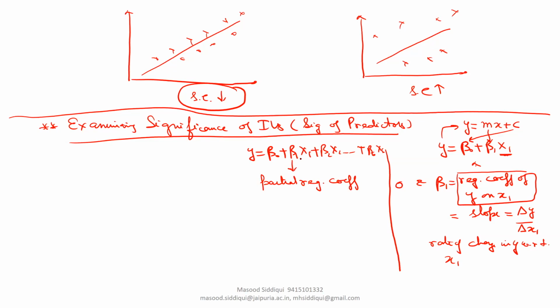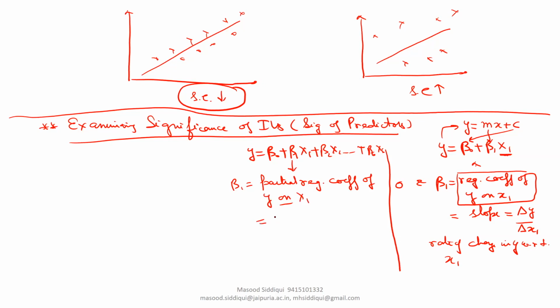But when we explain the x1 part, that is beta 1, we also have other variables apart from x1, like x2, x3, x4, x6. So beta 1 is known as the partial regression coefficient of y on x1.